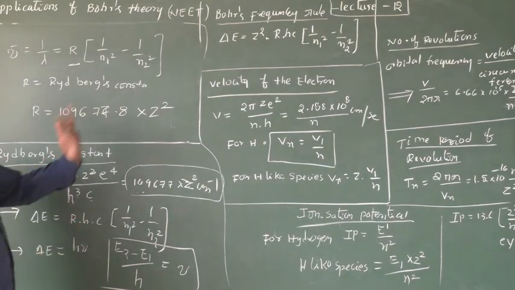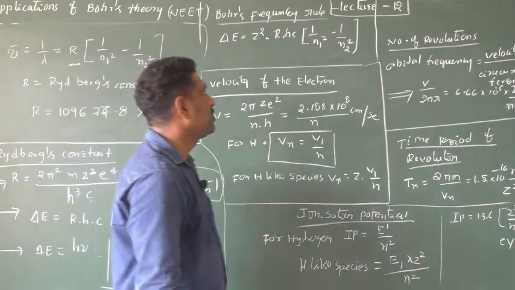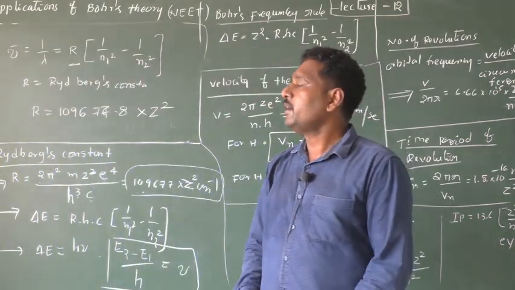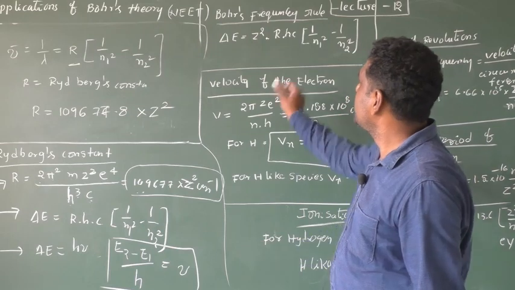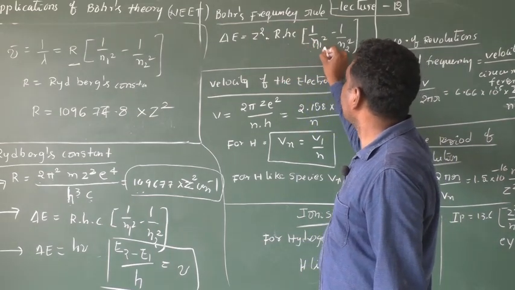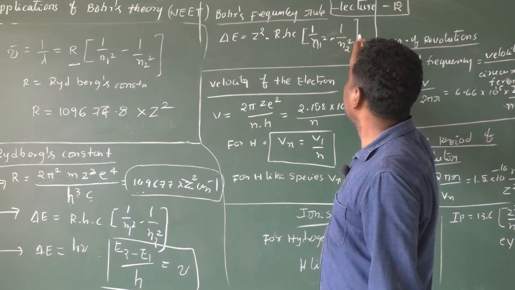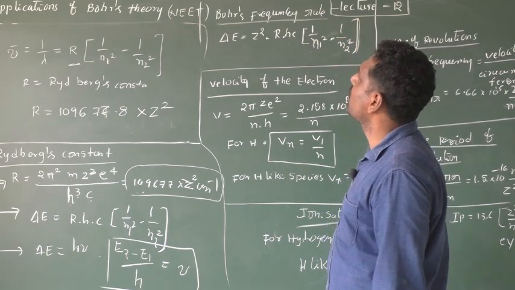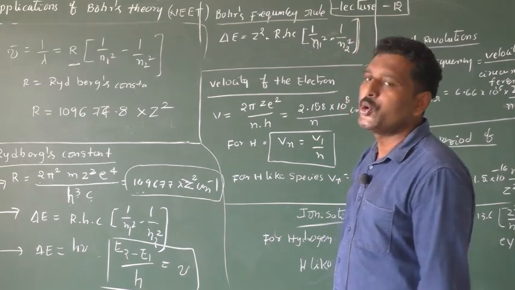After that, one more relation regarding energy differences: delta E equal to Z square R h c into 1 by n1 square minus 1 by n2 square. This is called Bohr's frequency rule.